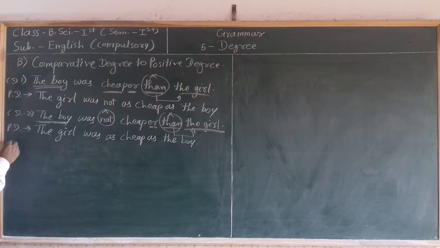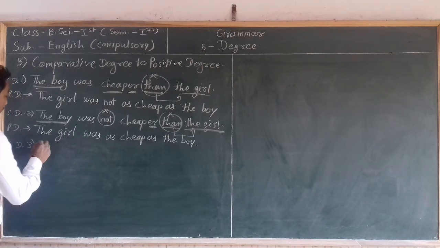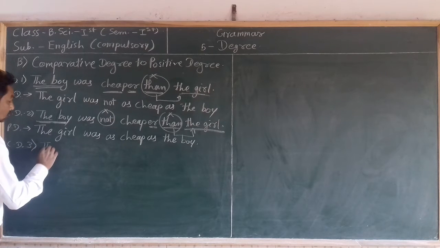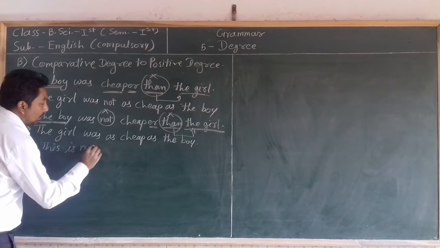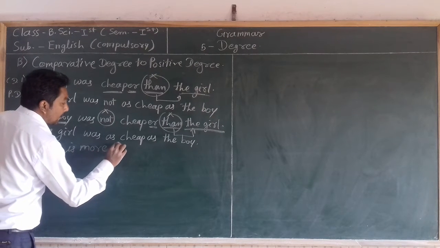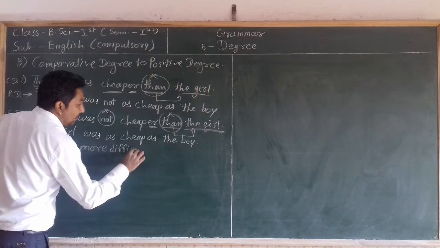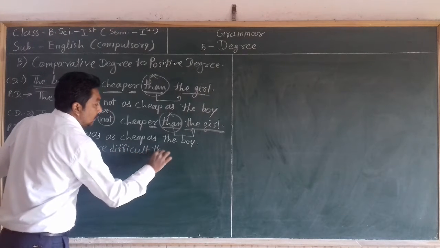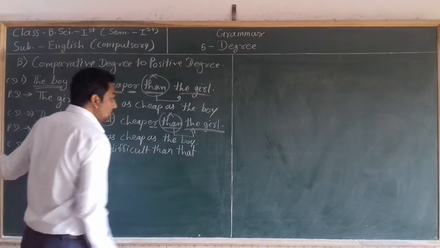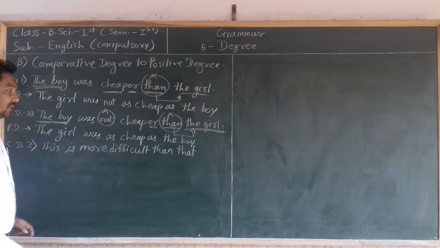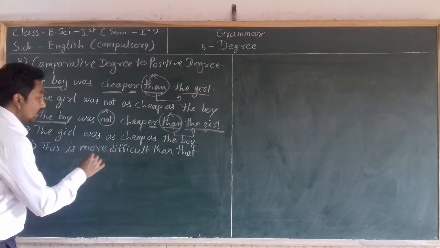Let's take another example. This is more difficult than that. So this is the comparative degree sentence. How can we identify it?